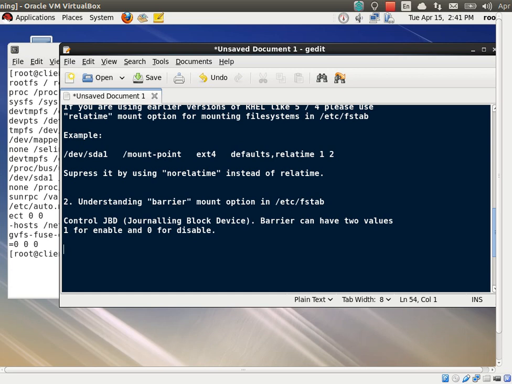So barrier 1 means the file system enforces a proper journal commit.